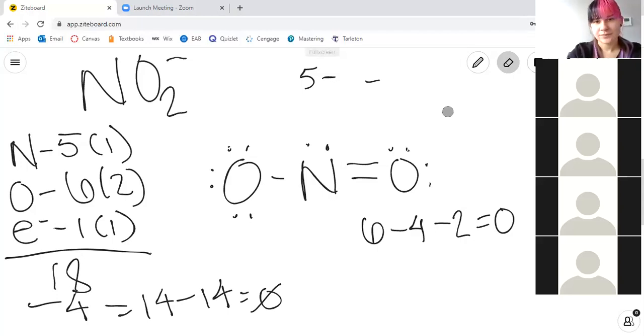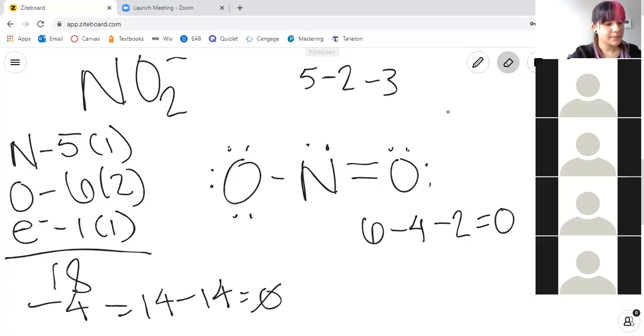Okay. 2 and minus 3 because then that equals 0. Because you have 2 lone pairs on nitrogen. And then minus 3 because there's 3 things attached to it. 3 bonds. Okay.